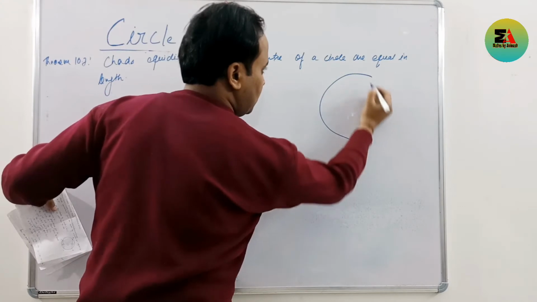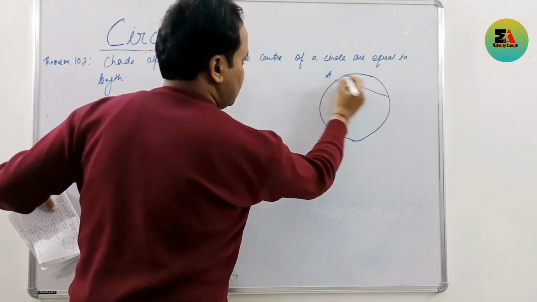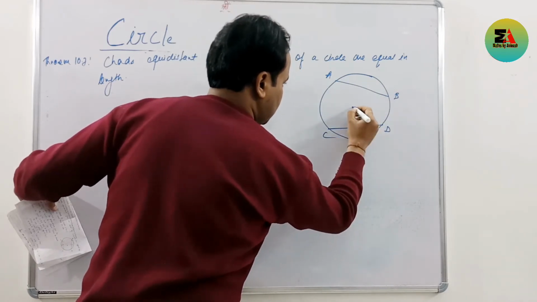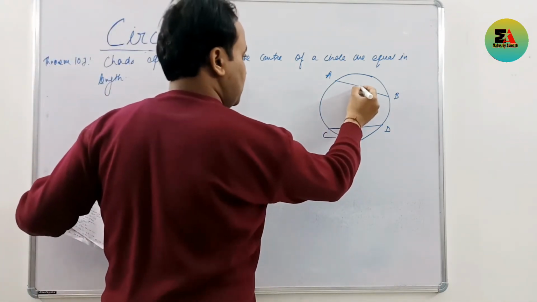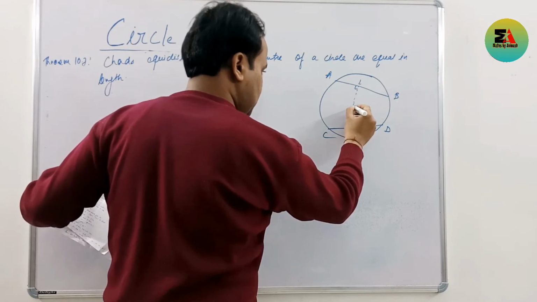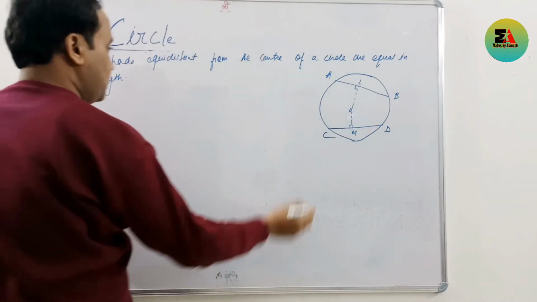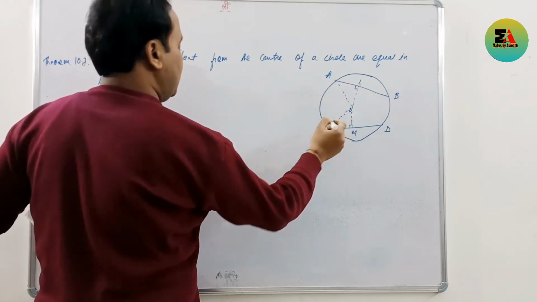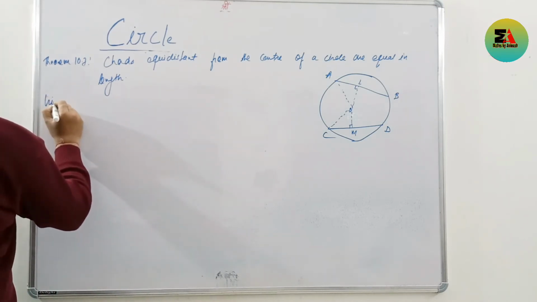Now this is a circle and we have two chords. This is AB and this is CD. This is center O. OL and this is OM. Now join OA and OC. Now write the given.